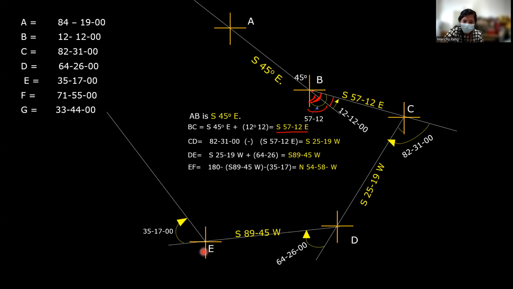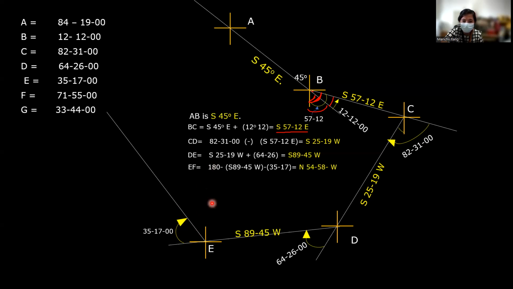This is equal to, if this is equivalent to 180, right? So this is equivalent to 180 minus this angle. So this angle is also equivalent to this one. So if this is 89 45 plus 35 17 minus 180, the remaining angle is here.